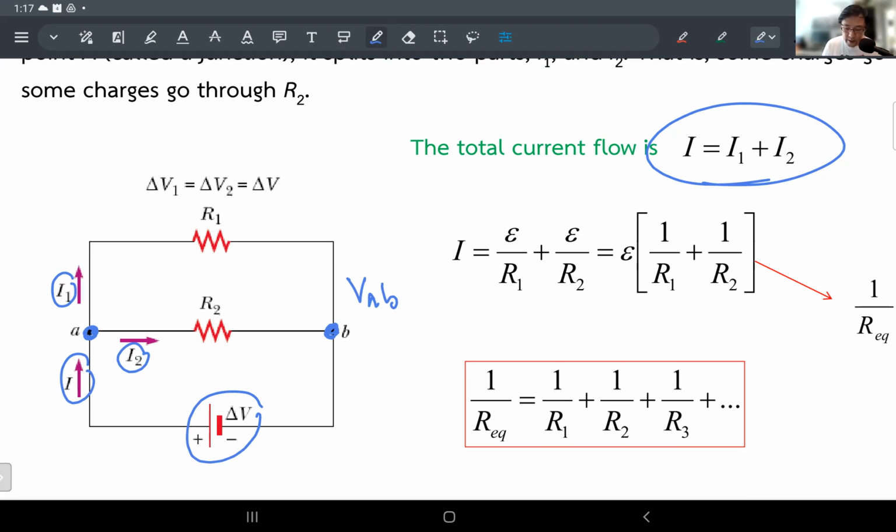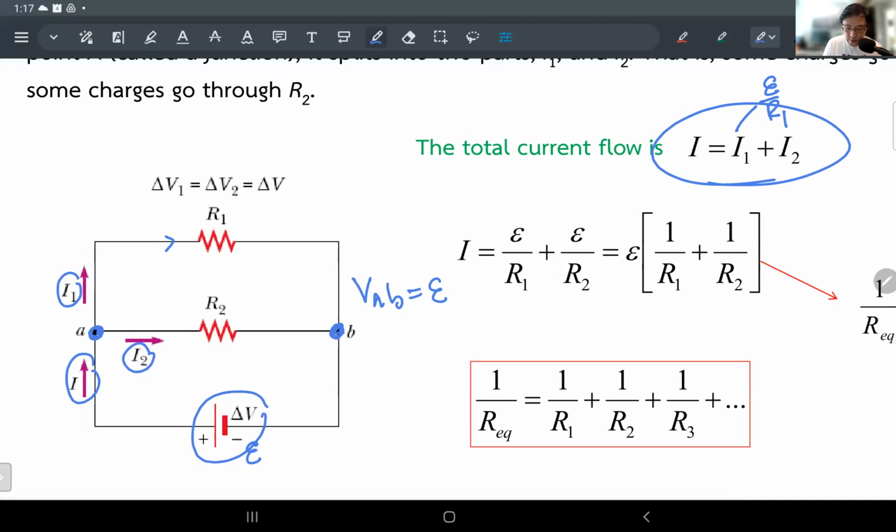For example, you look at this one, I equal to, from Ohm's law, E over R. And because the potential across A and B is going to be the same as the potential across the battery, the E over there, I can say that I1 is just going to be E over R1. The current flow over here is I1.